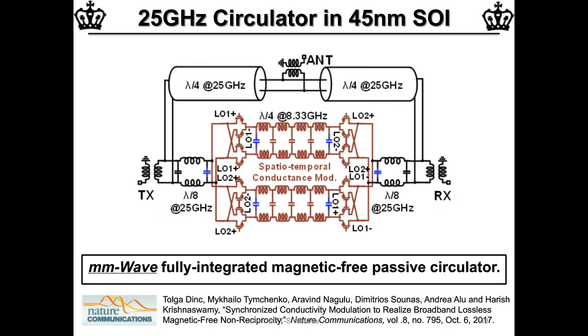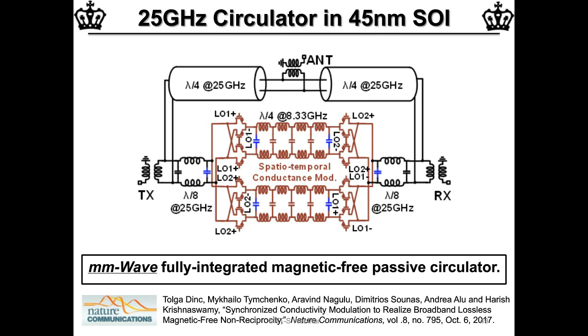And so with this idea, we built a circulator operating at millimeter wave at 25 gigahertz in 45 nanometer SOI CMOS. But the critical thing that enabled us to use this at high frequencies is because the gyrator is broadband, the operating frequency, namely 25 gigahertz, does not have to be linked to the clocking frequency.